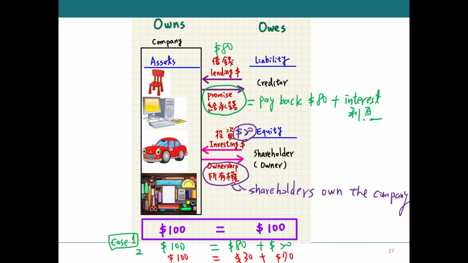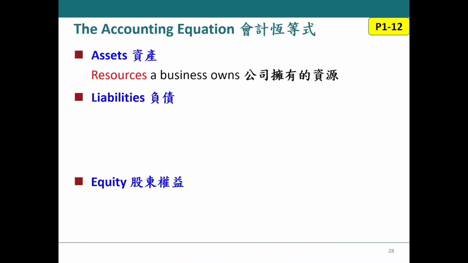Okay, if we understand this formula, we go to each item's definition. So first one, we look at assets. So what's assets? What you have, what you own, right? Like a chair, desk, car, your calculator, your pencils, your scissors, and so on. So assets are your company's resources, the resources your company has, right? Remember, the definition is very, very important.